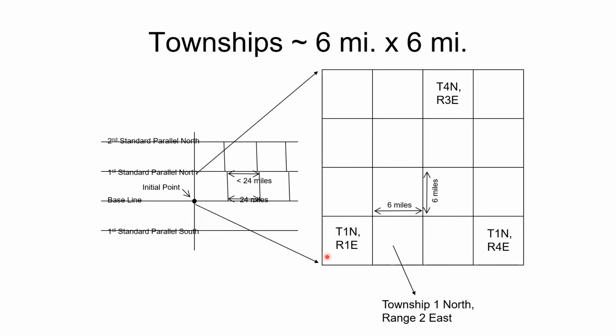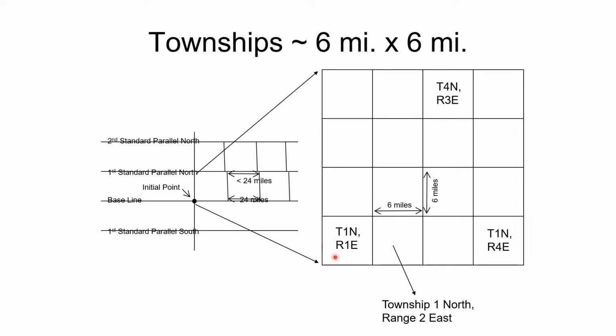And then these are numbered. So each township is numbered relative to the initial point. So this first township is the first township north of the baseline. So it's township 1 north, and it's the first township east of the guide meridian. So it's range 1 east.